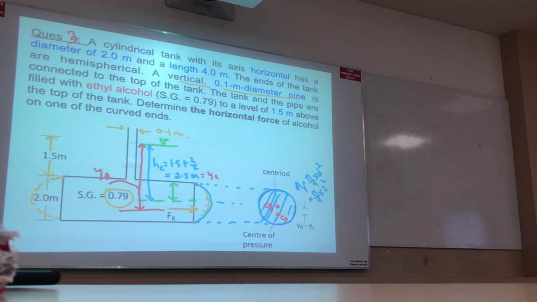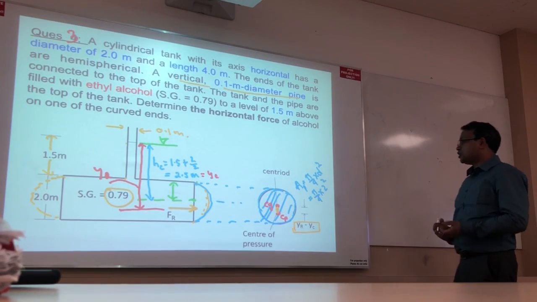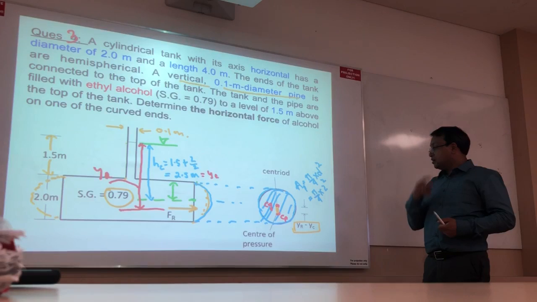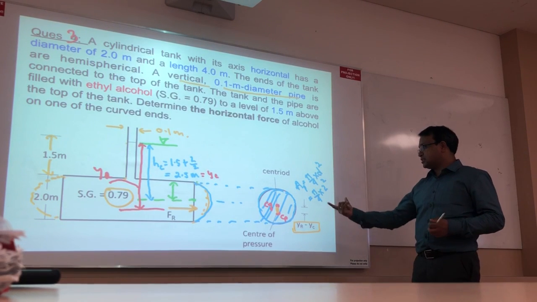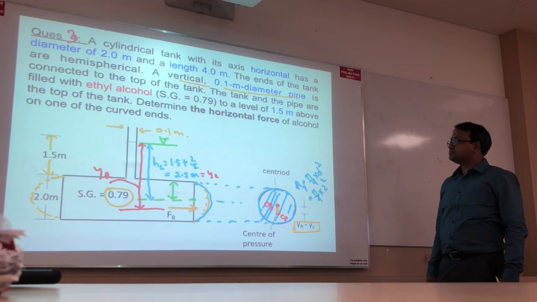The distance from here to here is YR minus YC. Then they can tell you the location of the center of pressure, the distance between the centroid and the center of pressure.